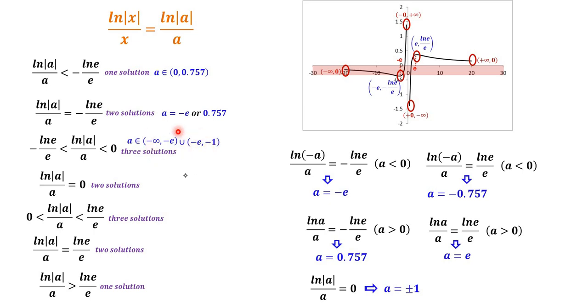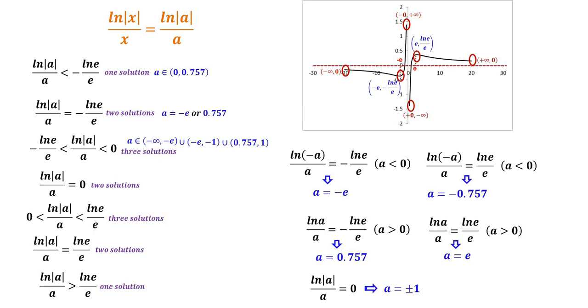So this is on the negative side. And on the positive side, let's say here is 0.757 to 1. So this is the range of A and has three solutions.